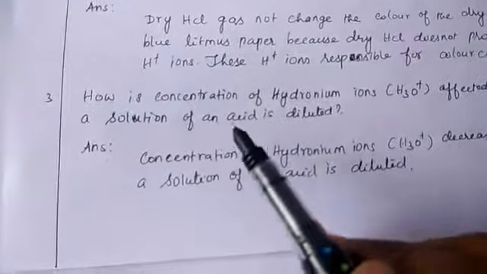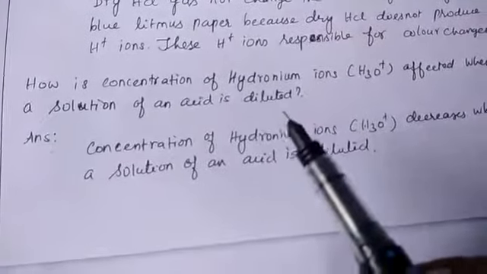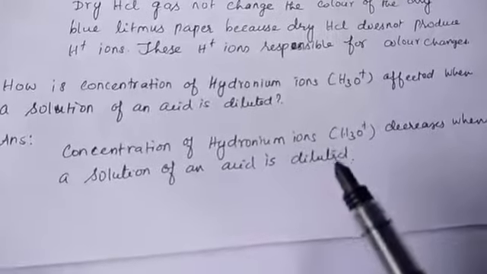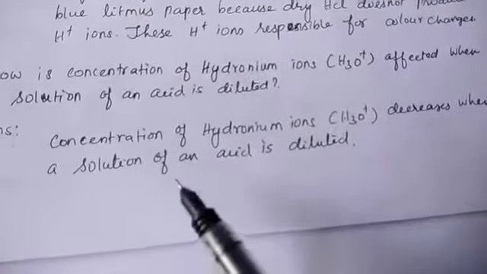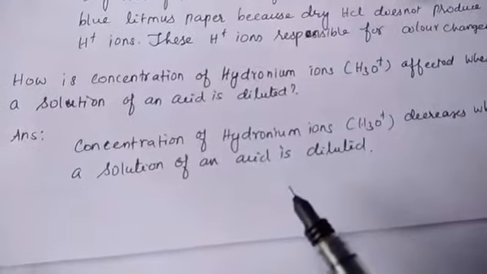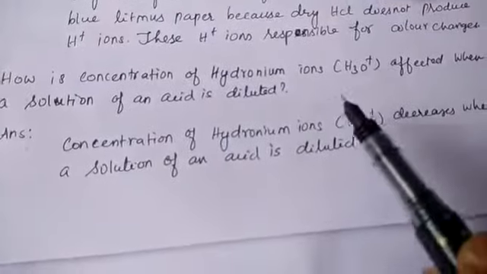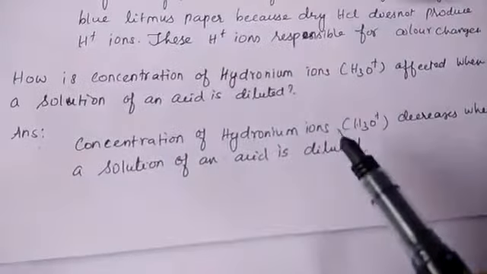And how is the concentration of hydrogen ion affected when a solution of acid is diluted? The concentration of hydronium ion decreases when a solution of acid is diluted. When an acid is diluted, meaning water is added to the acid, the H plus or H3O plus ion concentration decreases.